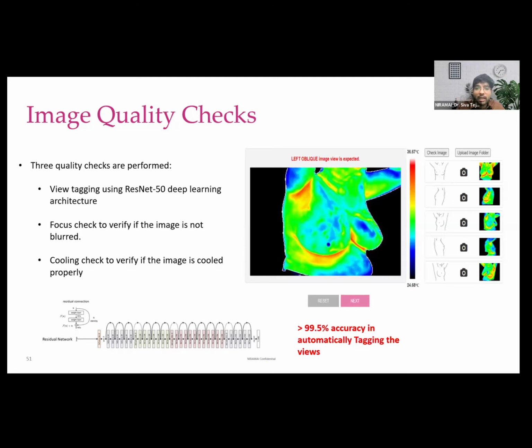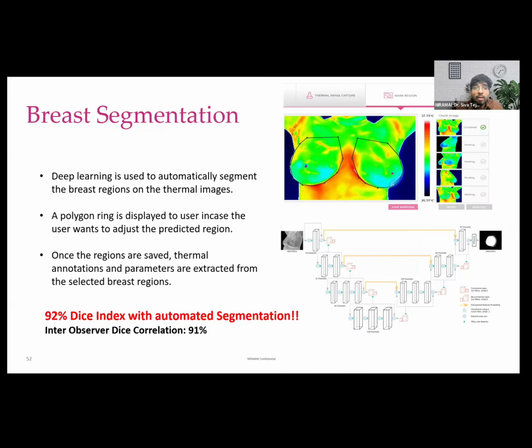So using that logic, we have simply developed an image processing algorithm to quickly do that. For the cooling check, we monitor the graph, and over time we try to see what the mean body temperature is. We track it. That allows us to tell when is the right time to capture the image and whether the cooling has been done sufficiently or not.